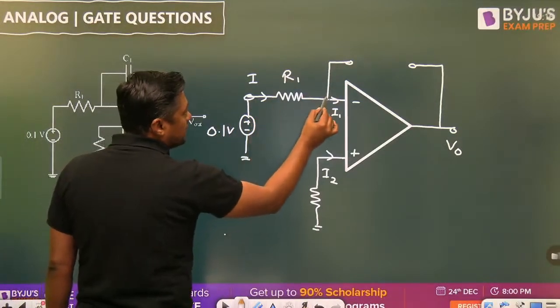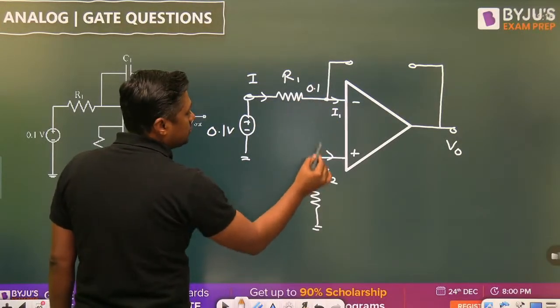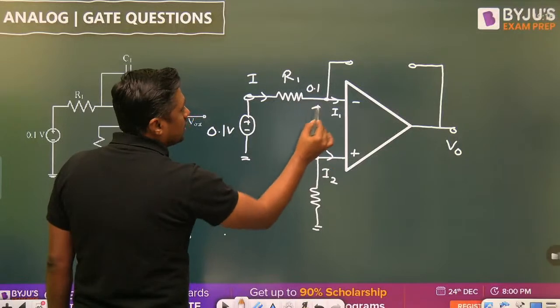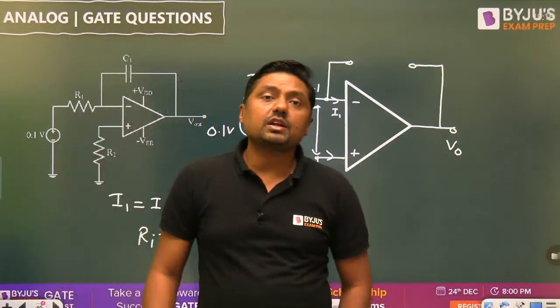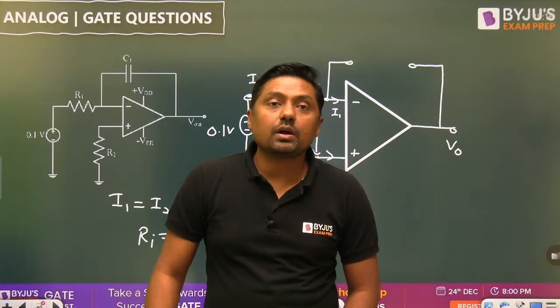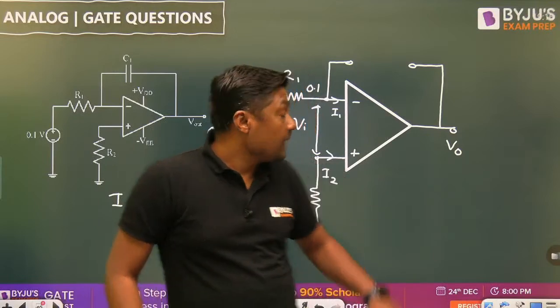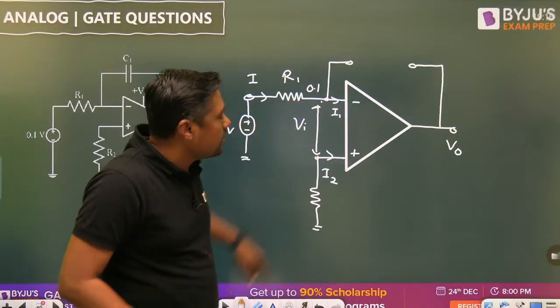So voltage at the negative terminal is 0.1 volt. And this is the positive terminal voltage. Yes, input resistance is infinite. When the negative terminal voltage is greater than positive terminal, what is the gain?